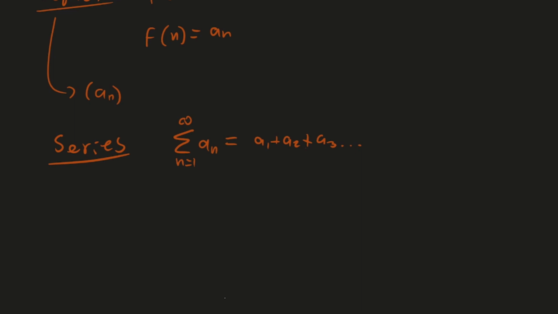So what we do is we look at the partial sums, and we let S1 be equal to a1, and S2 be equal to a1 plus a2, and let Sn be equal to a1 plus a2 plus up to an.